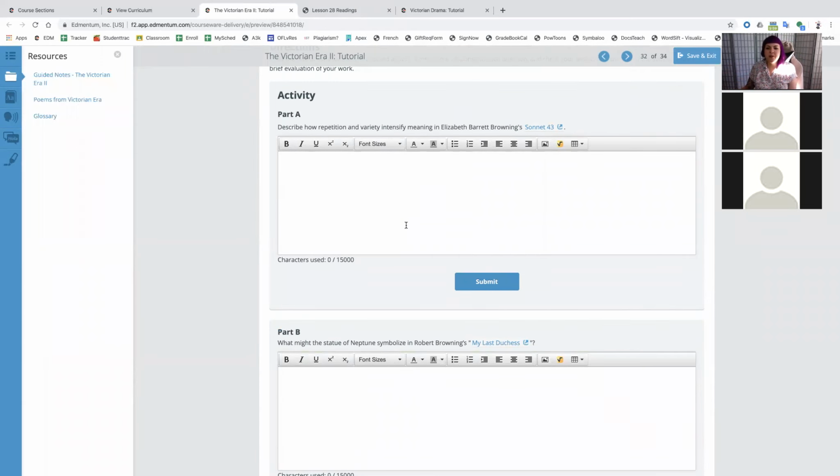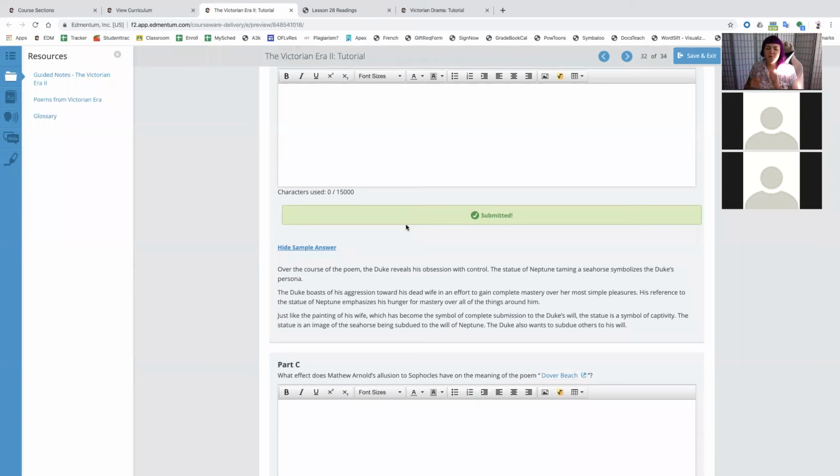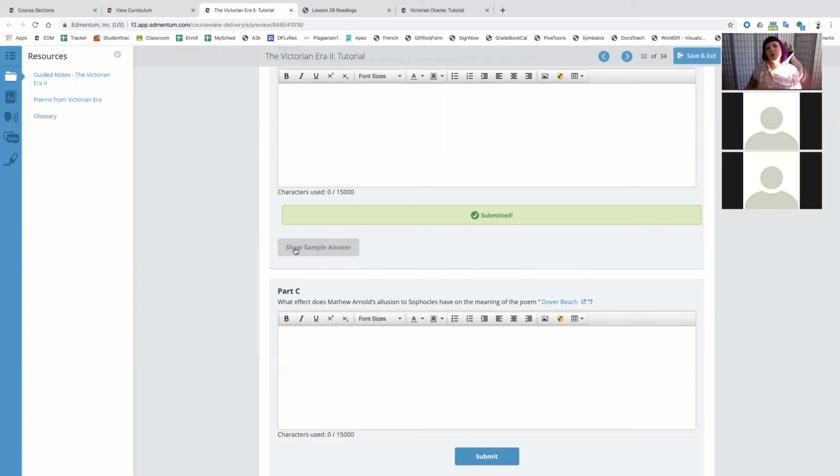I meant to bring that up in the last one, with the weaving that the Lady of Shalott does. Here there's more of an allusion to the Odyssey. Neptune in the Odyssey is the most powerful god, because he's the one that ruins Odysseus's life by pushing everything over.